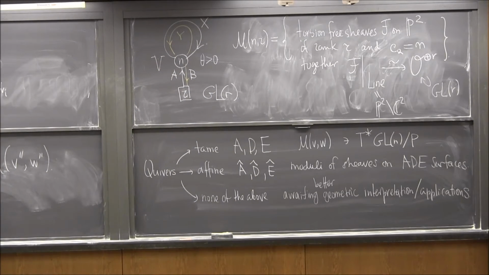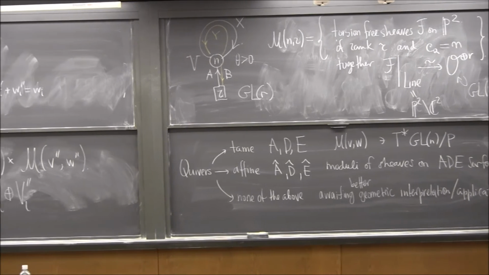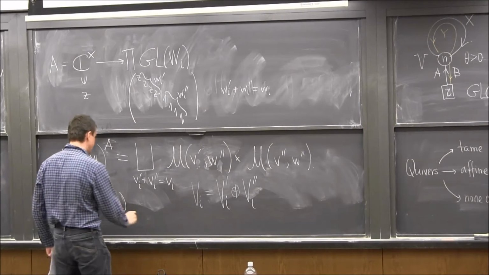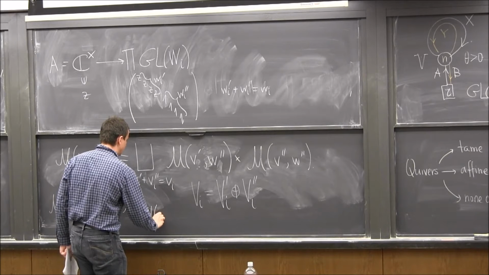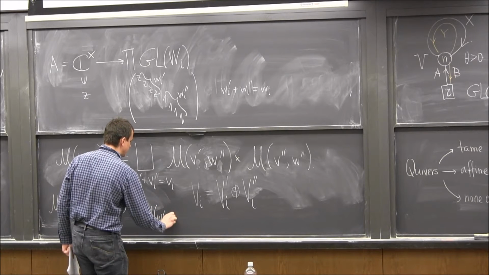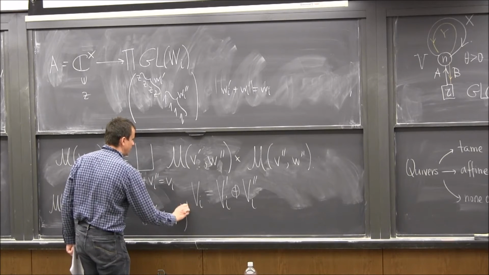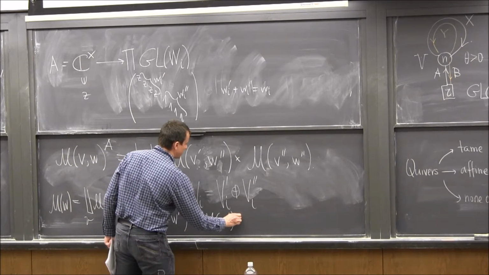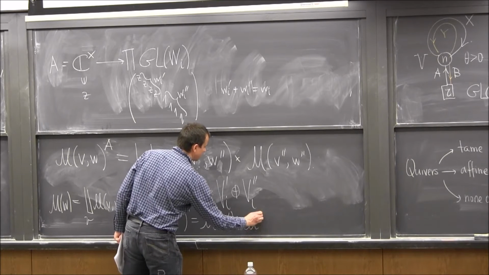And then, of course, if I can pick decomposition into more W's, we'll have a bigger thing too. And it's actually very convenient from this to introduce M of W, which is the disjoint union over all E and dW, and then the formula becomes, of course, that M of W' plus W'' is the product of M of W' and M of W''.